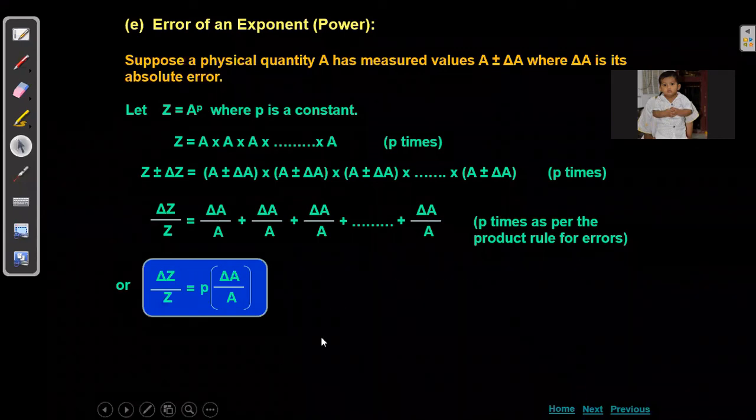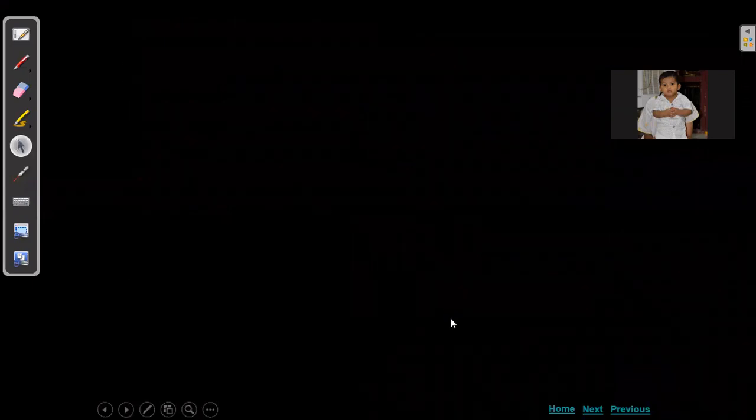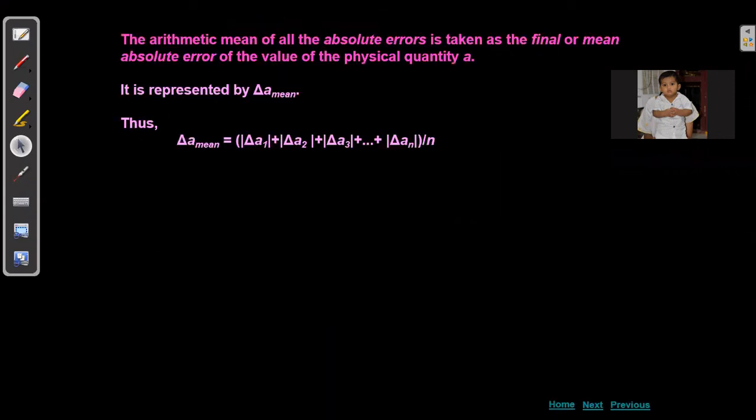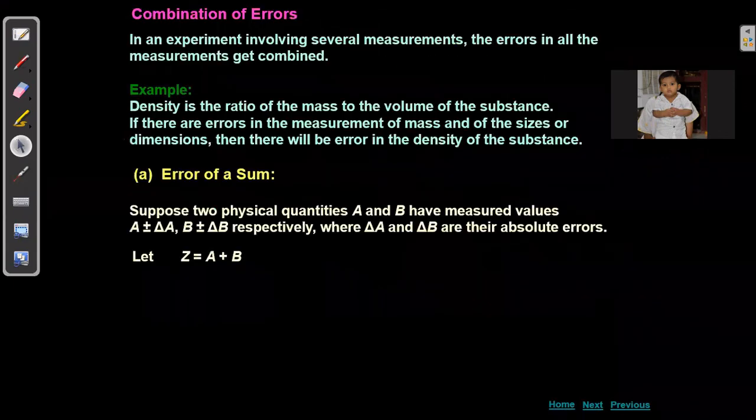Right. So what we are writing, here there is a note: if P is negative, modulus of P is taken, because errors due to multiplication quantities get added up. This point we have already come across, where we have seen the relative error concept, the combination of errors of sum.